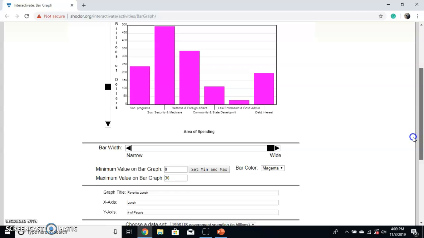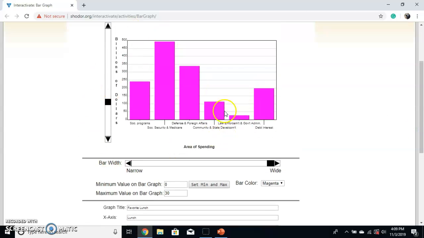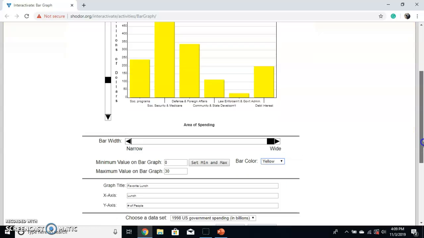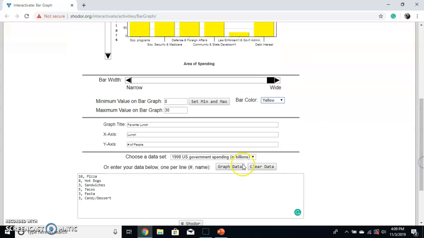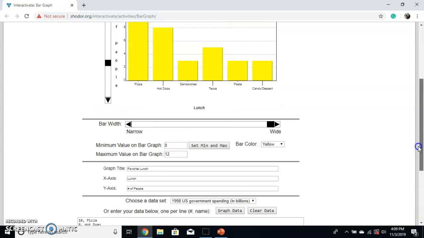So you see, this is a different kind of graph, but I'm going to go ahead and change the color. Let's choose yellow, nice and bright. So I'm going to go ahead and put graph data. And look at it, this is our bar graph.